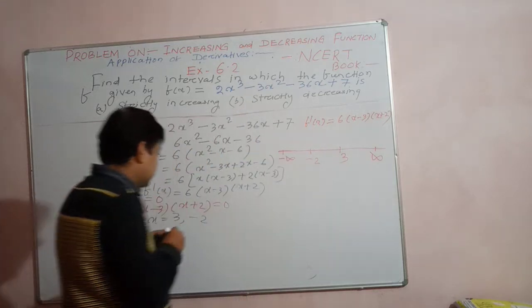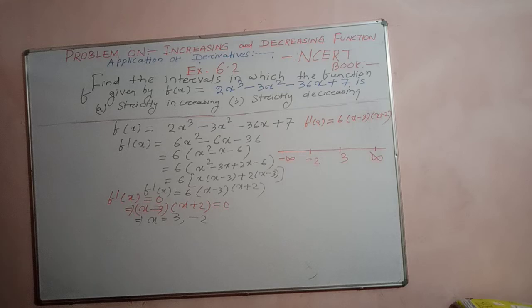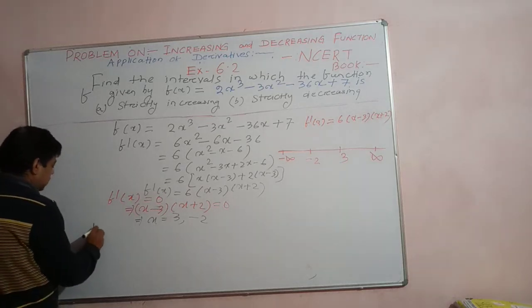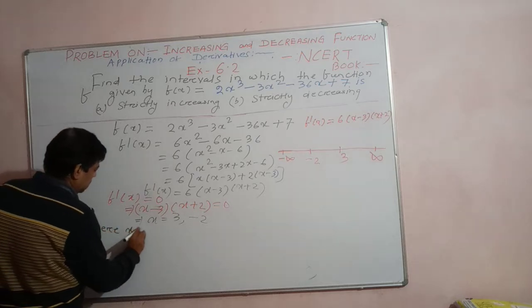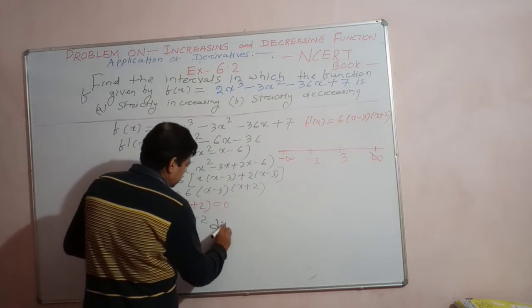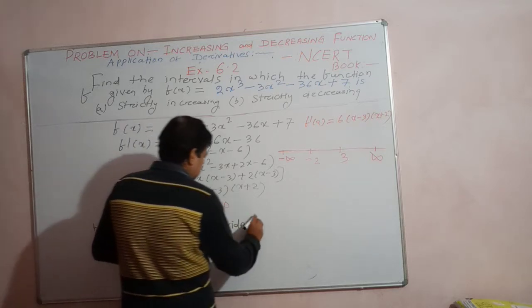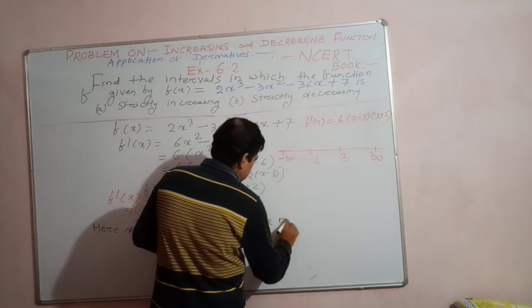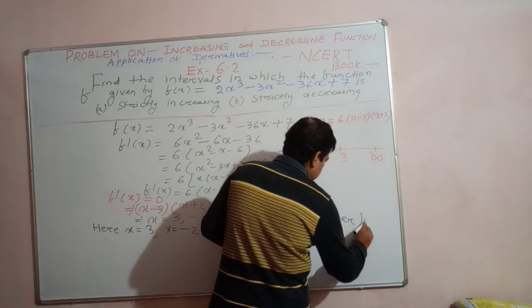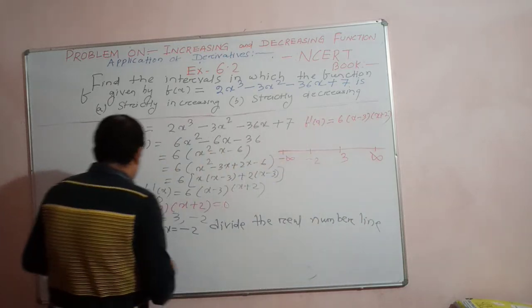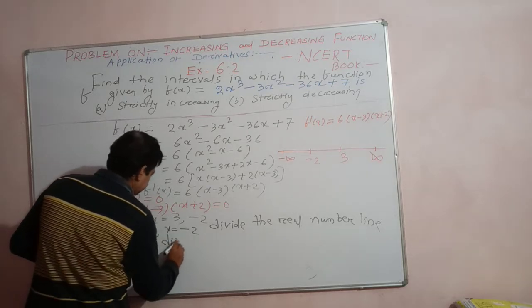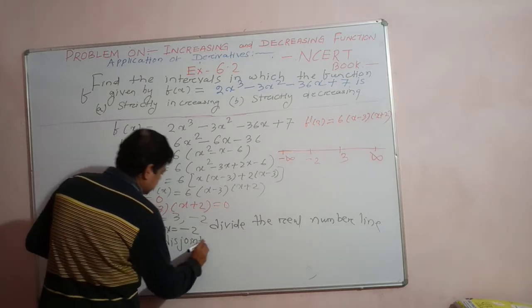It means x is equal to 3 and x is equal to minus 2 divide the real number line into 3 disjoint intervals. Yes or no?